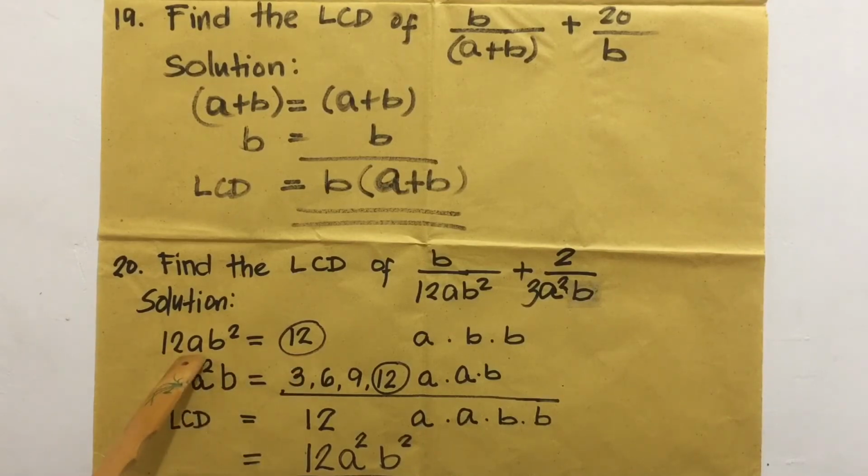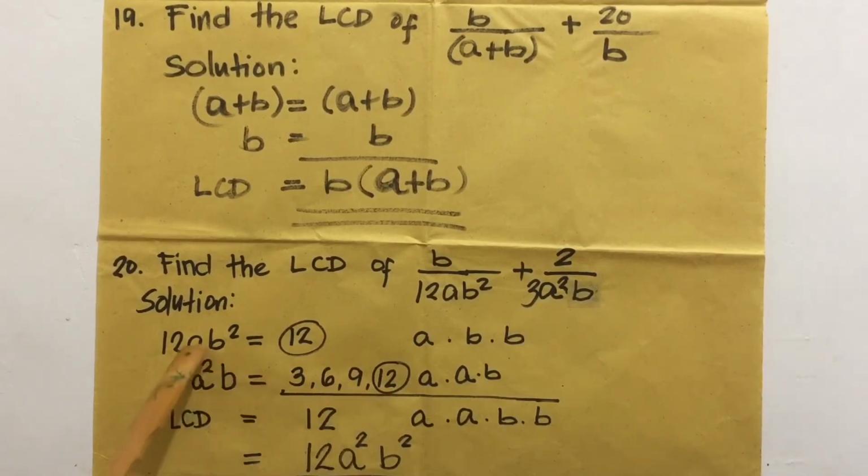Okay, I'll just copy 12 because we are going to use the multiples. So 12 copy, and here we're going to use the multiples of 3. 3, 6, 9, 12. So since 12 is common, 12 now is the least common denominator.